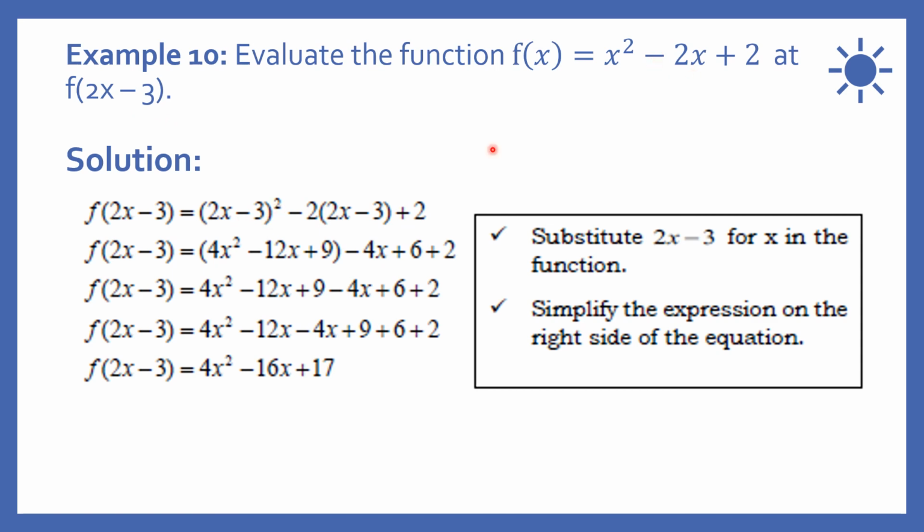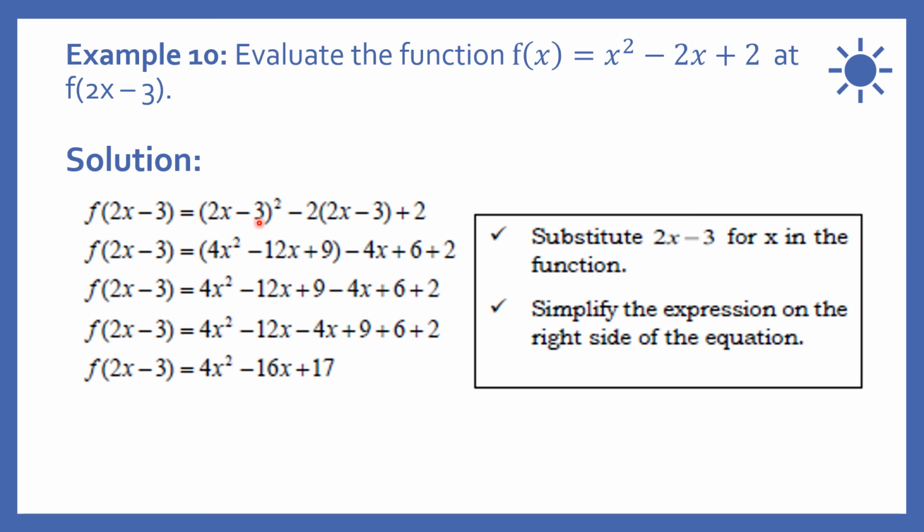Minus, yung 2x na to, magiging 2 times, again, yung value ng x na 2x minus 3, plus 2. And then, simplify natin yung mga nasa parentheses. So, ito ay squared. So, yung shortcut nito, pwedeng 2x times 2x is 4x squared. Yung middle term natin ay 2x times negative 3 is negative 6x.